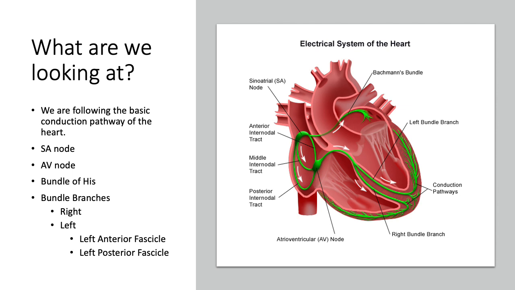The bundle of His splits into a right and left bundle branch, and the left bundle branch further splits into the left anterior fascicle and the left posterior fascicle. And why is this important when we're talking about ECGs? Well, obviously, ECGs are looking at the electrical pathway of the heart, and you can see abnormalities in any one of these components of the electrical pathway on the ECG.